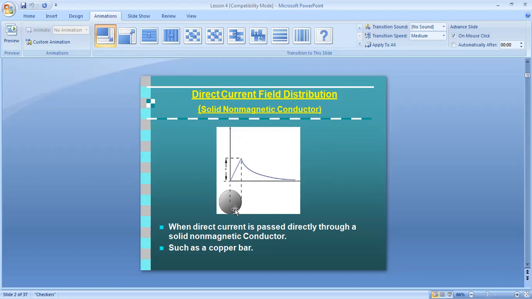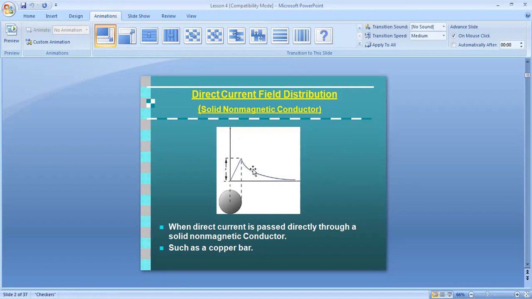If you apply current to this solid, non-magnetic conductor, the magnetic field increases. Look at the bottom side and identify where the magnetic field is higher: at the outside diameter of the conductor. This is the magnetic field axis, and this is the maximum magnetic field point, which you get at the OD of the conductor. Outside the OD, the field slowly reduces.